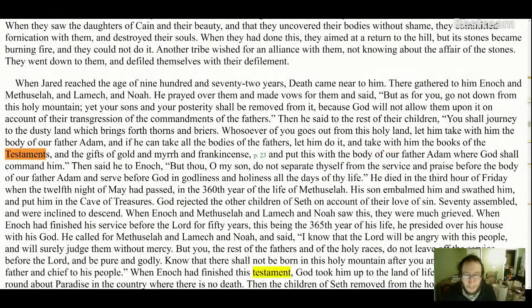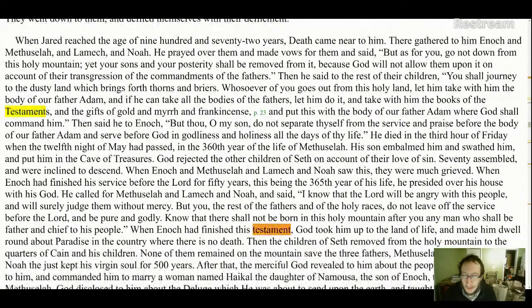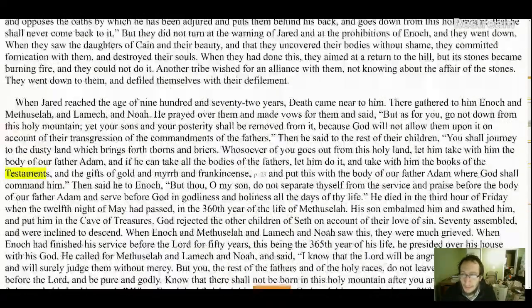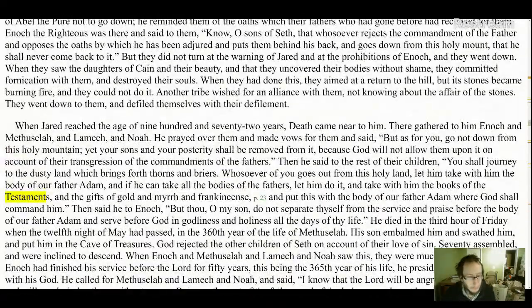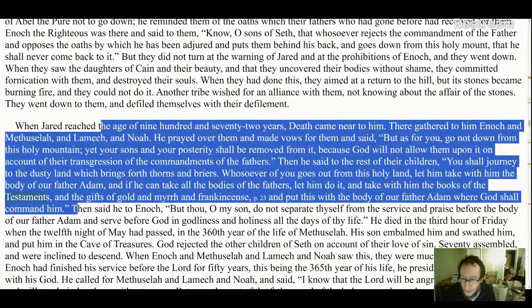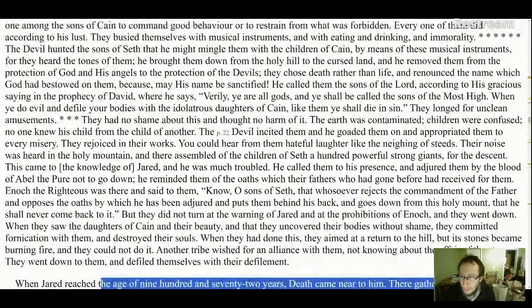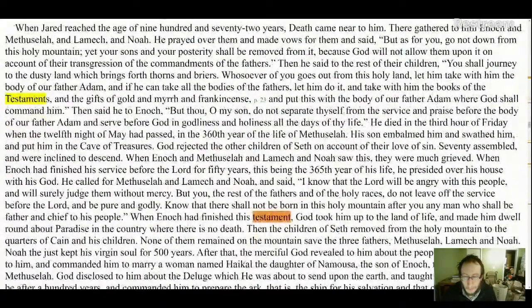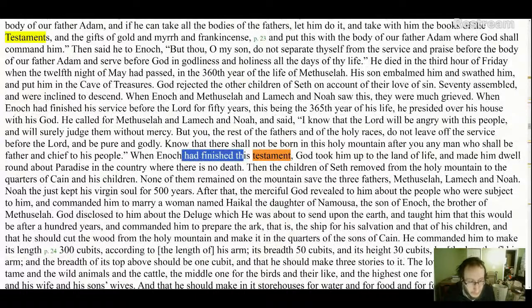So we'll look at that again later. But let's see. So it says that Jared is basically giving a testament to his children right here. And then Enoch gives a testament.